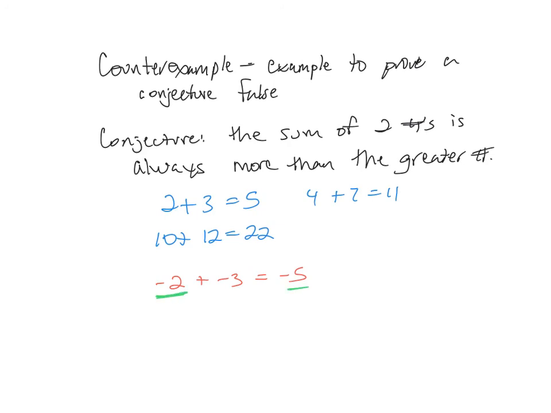And it's not bigger than negative 5. So basically, if you used negative numbers, or at least one of them is a negative number, then that would be a counterexample. Okay, so it'll give you a statement, and then you need to come up with an example to show that that statement is false.